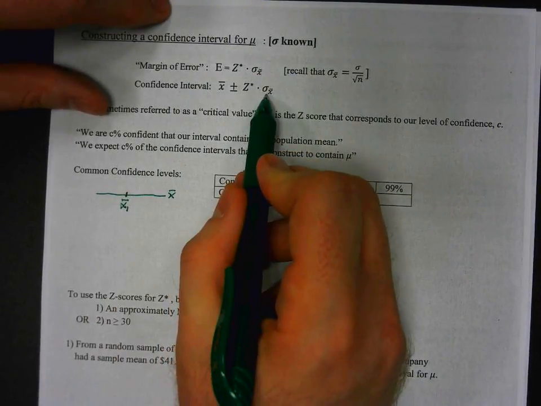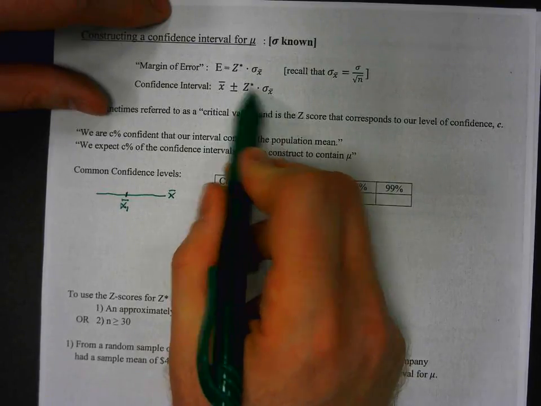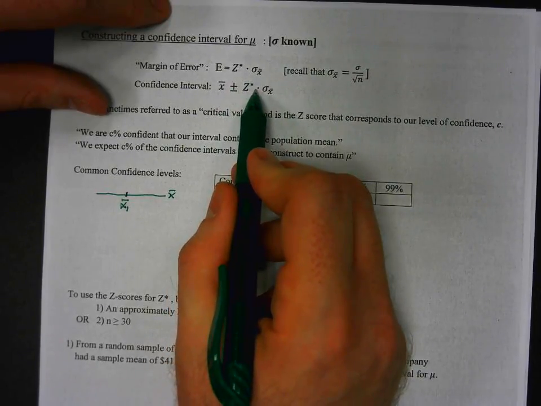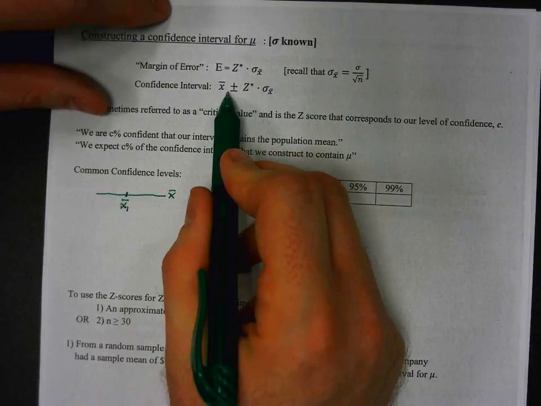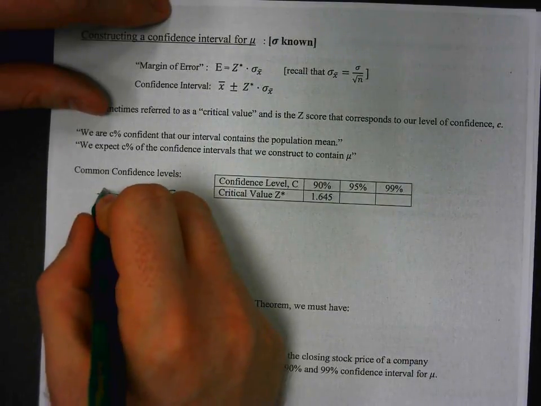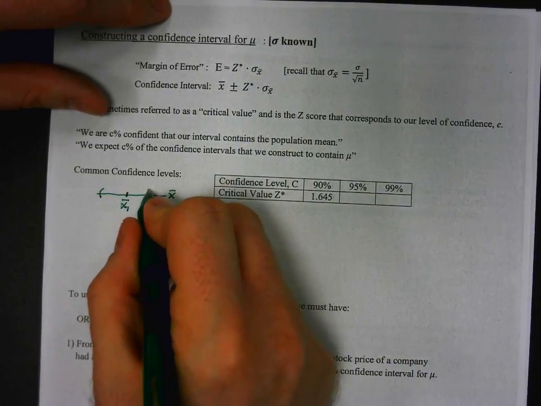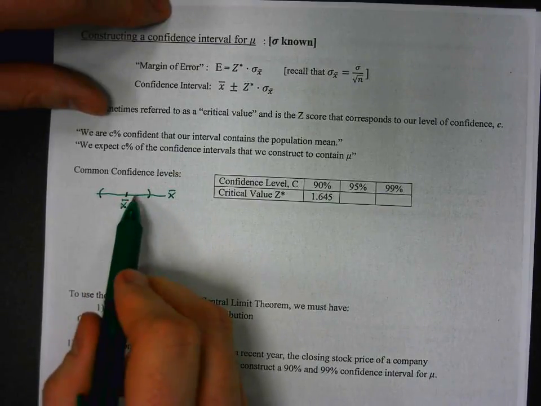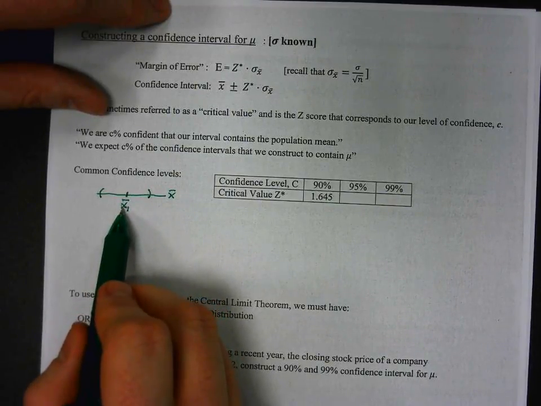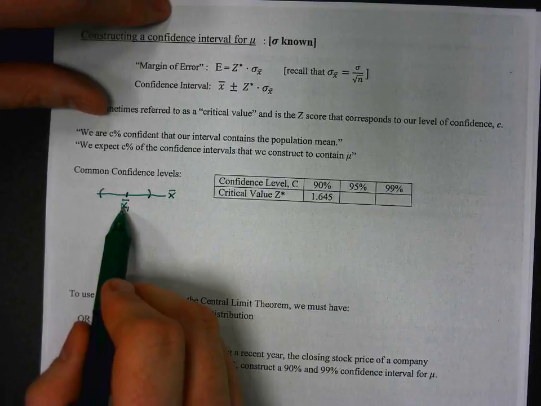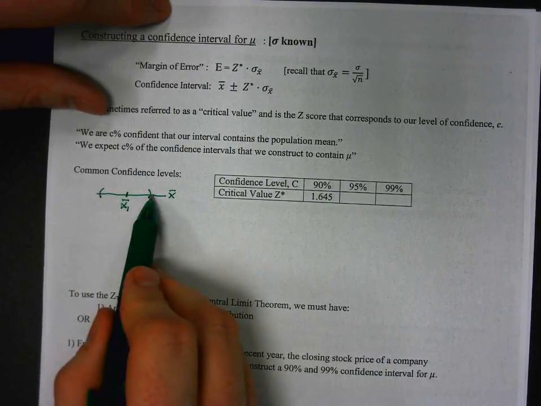When you do plus or minus Z star times sigma sub x bar, you're adding and subtracting the same value from x bar. One is on the left-hand side, the other on the right-hand side. What's important is that x bar sub 1, your sample mean, is halfway between the endpoints.